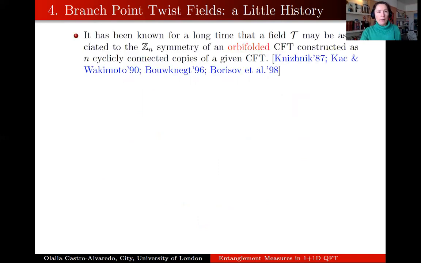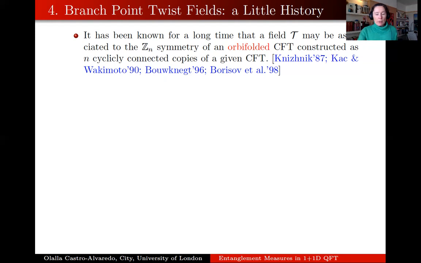The first time people talked about these kinds of twist fields, symmetry fields associated to a set of symmetries in orbifolded CFT, happened in the 80s and 90s, when people were particularly interested in orbifold conformal field theory, actually motivated by studies in string theory.